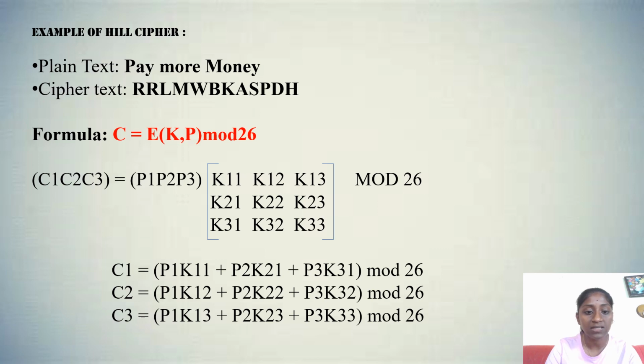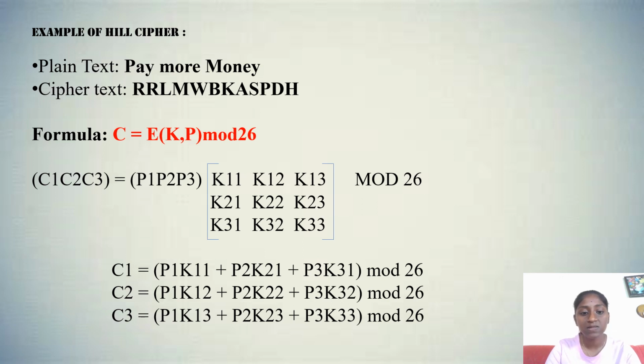C1 is equal to P1 into K11, and then P2 is multiplied with K21, and then P3 is multiplied with K31.